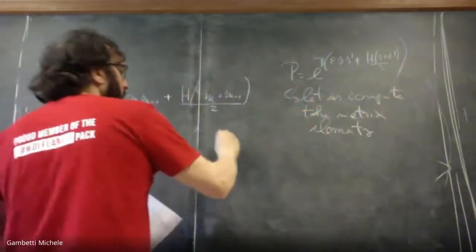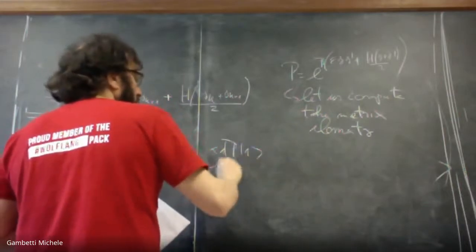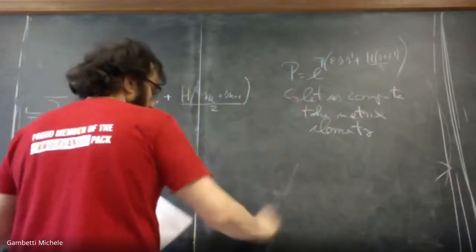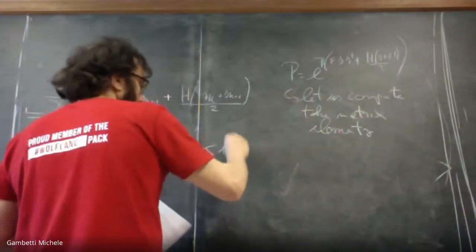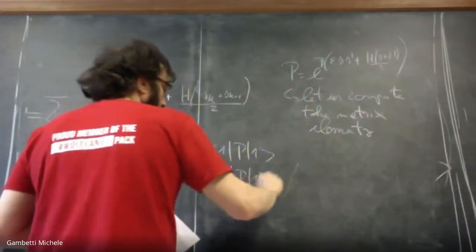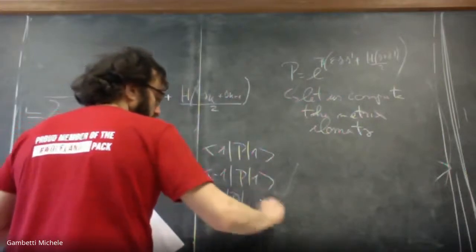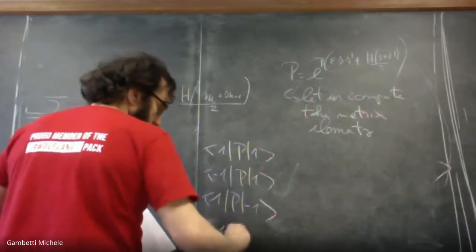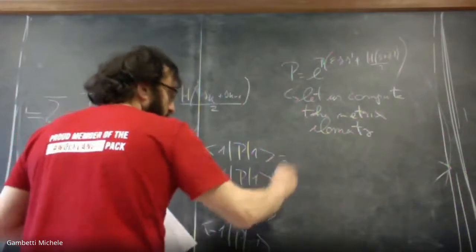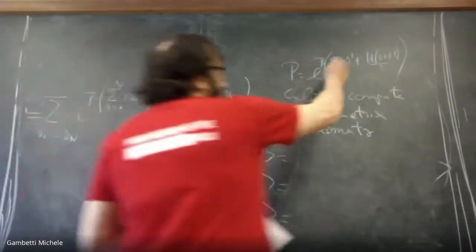So I will have P1,1, P1,minus 1, P minus 1,1, P minus 1,minus 1, which are the possible states of the two S and S prime.